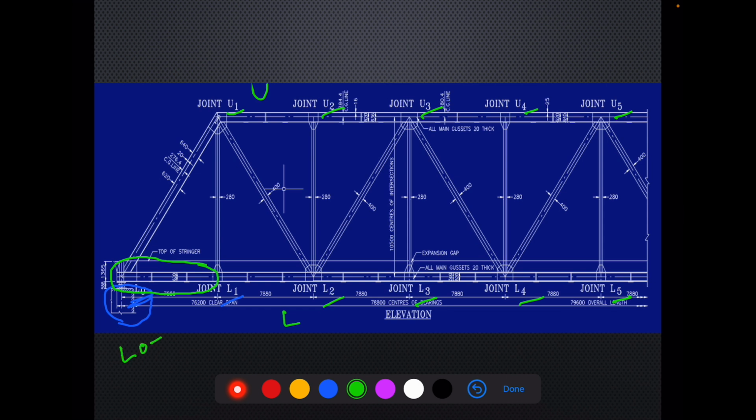Bottom chord members would be like L0 L1, L1 L2, L2 L3, and top chord members would be like U1 U2, U2 U3, U3 U4, etc. Then to connect top chord and bottom chord, we have end rakers. This is end raker. We have verticals. These are verticals.